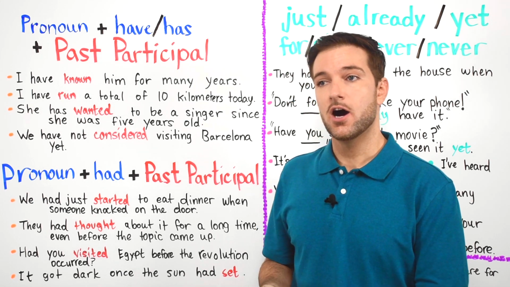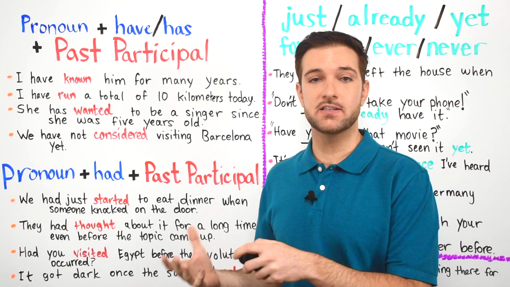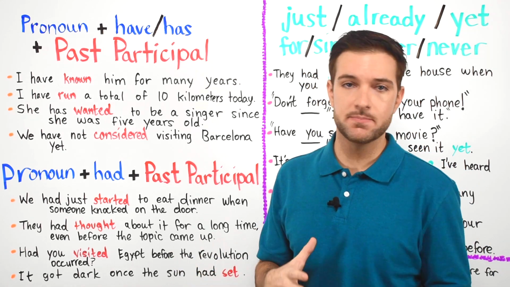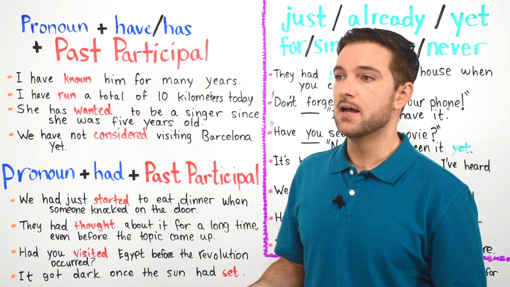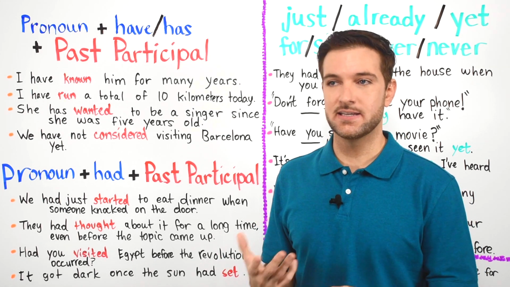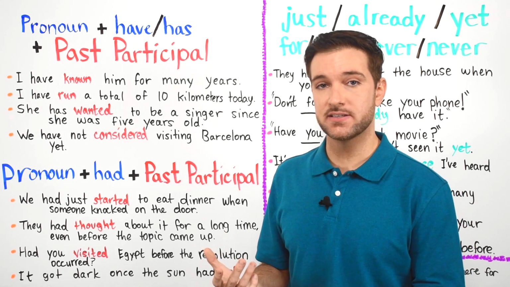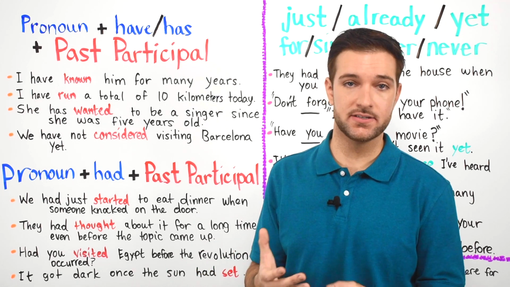Oftentimes when we use this, you'll see us using the past perfect tense with the simple past. For example, I wanted, that's the simple past, and the past perfect tense is I had wanted.